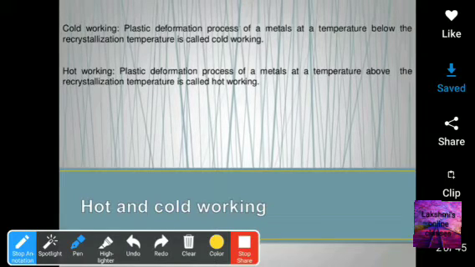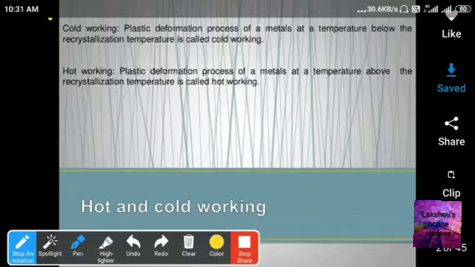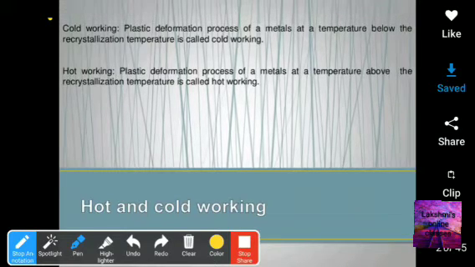In all other mechanical working processes, the size or shape of a part is obtained by deforming and displacing the material under the action of large external forces. Hence, these processes are also called metal working or metal forming processes.